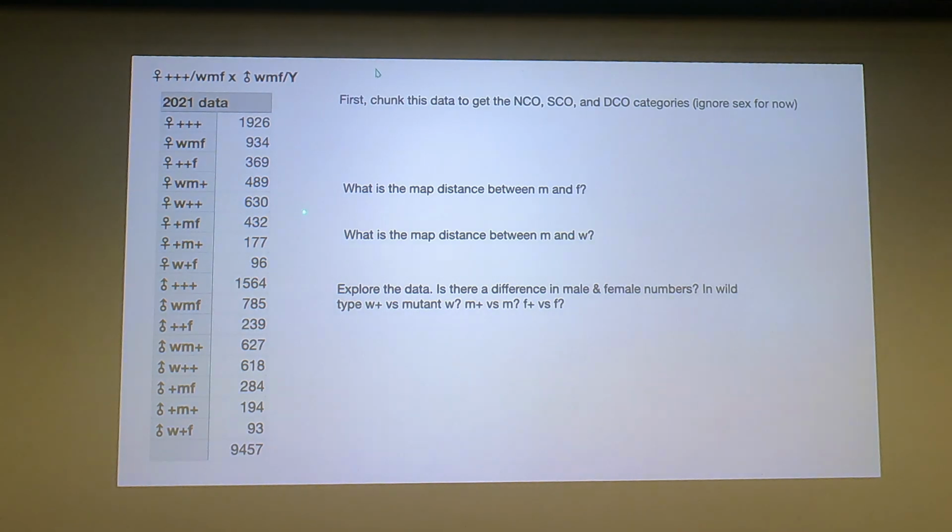What about, let's go down here. What about that one? There we just distinguish between males and females, right? So this is a non-crossover, this is a non-crossover, this is a non-crossover, this is a non-crossover. So when I say chunk the data, I mean add up those 4 to make one non-crossover category.